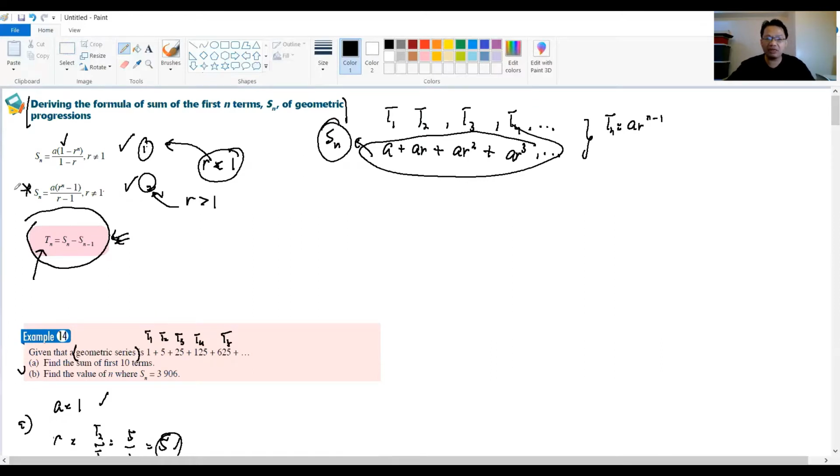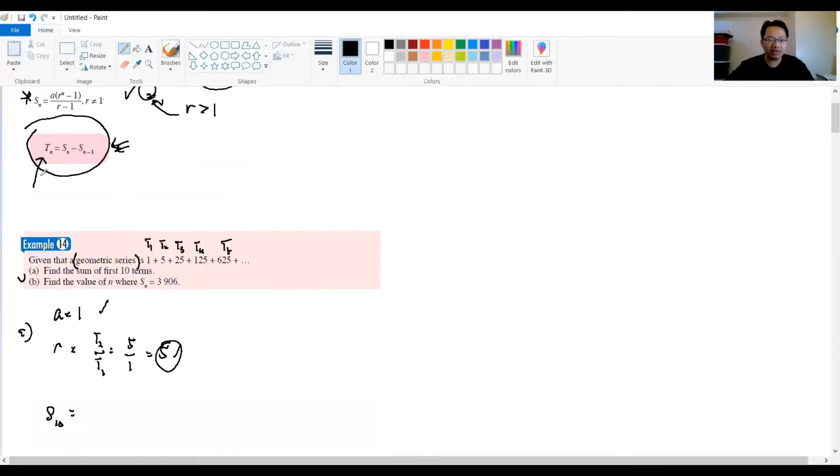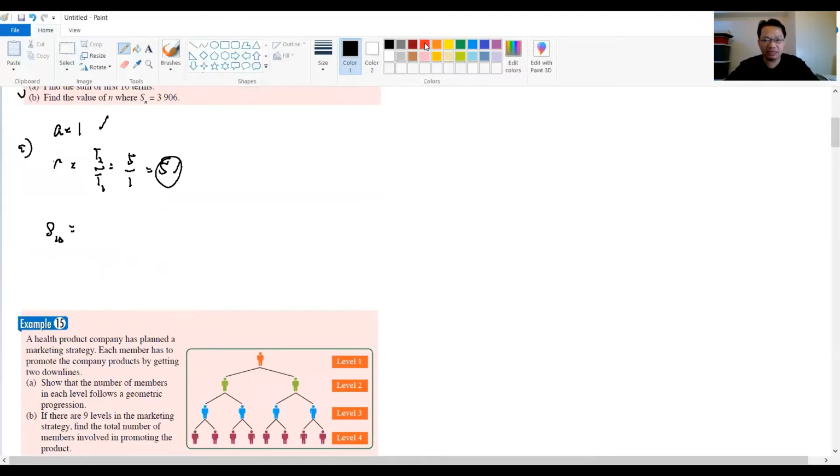So I use the second formula, A times R to the power n minus 1, over R minus 1. I substitute our A and R here: 1 times 5 to the power 10 minus 1, over 5 minus 1. Then you compute and get the answer. Very straightforward.